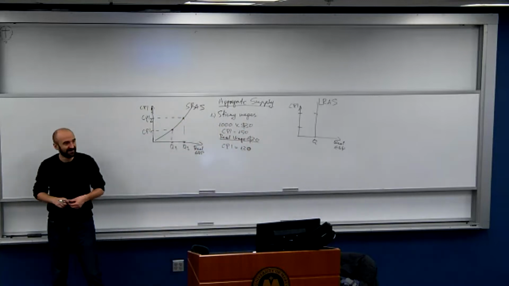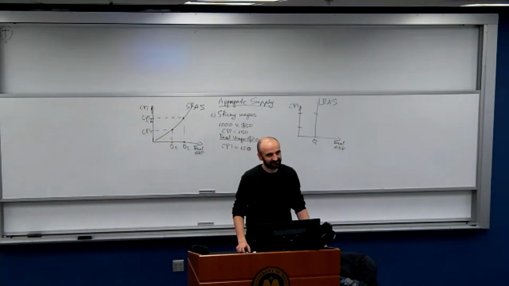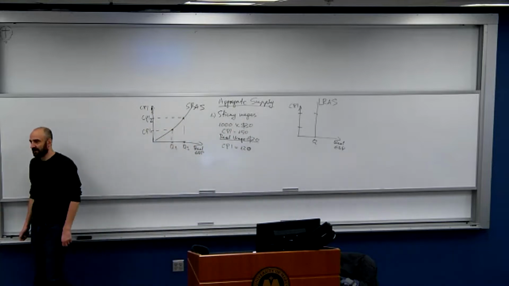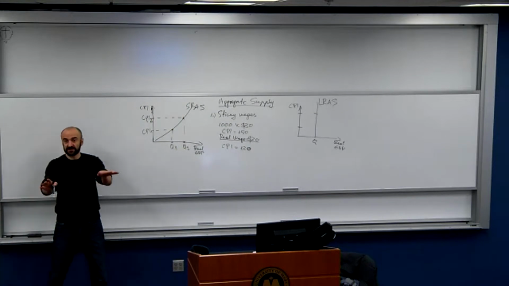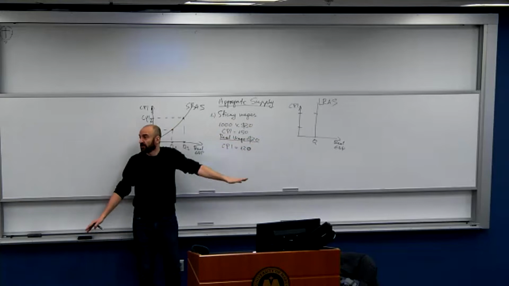So now what happens here? Who benefits? The worker benefits. Your nominal income, your wages, are fixed: $30 per hour in nominal terms.